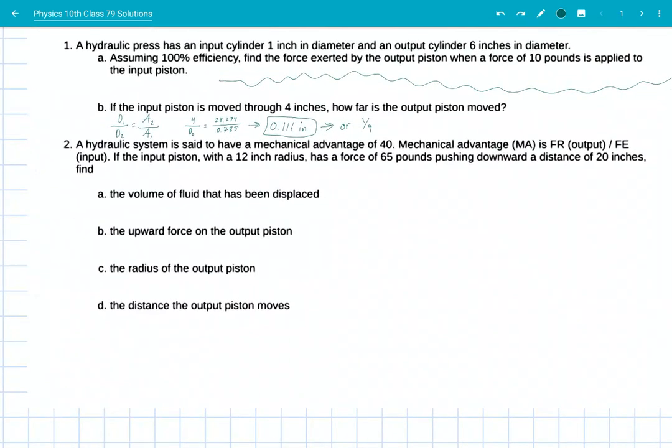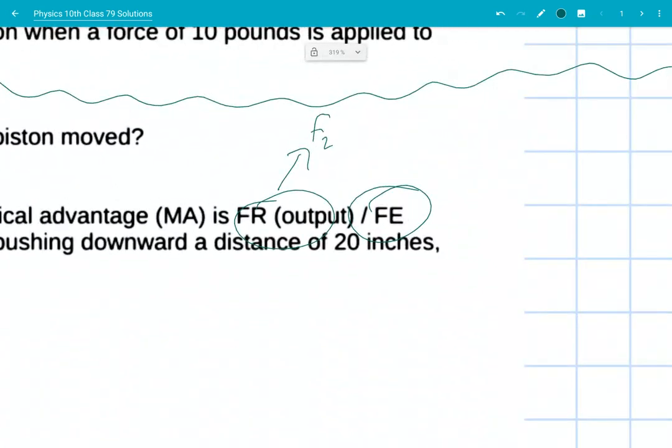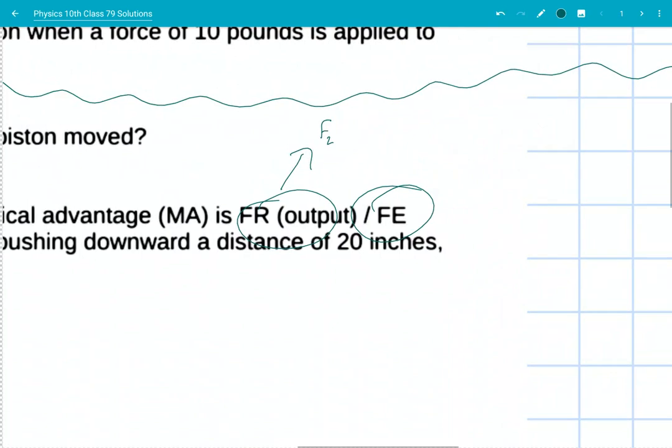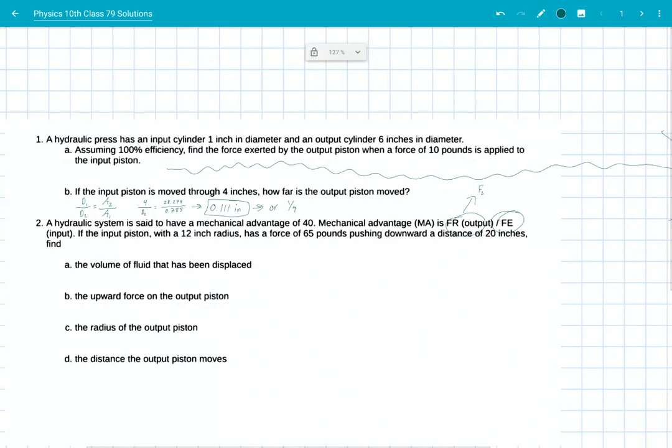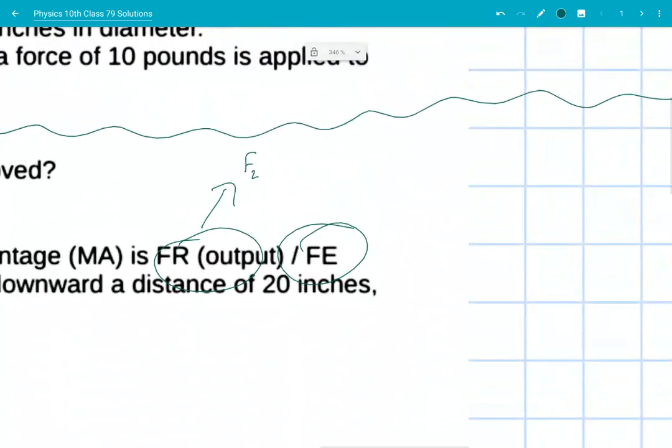A hydraulic system is said to have a mechanical advantage of 40. Mechanical advantage equals FR over FE. Okay? This is the same as saying F2, and then FE. They're calling it force input, but FE is referring to what we call F1.